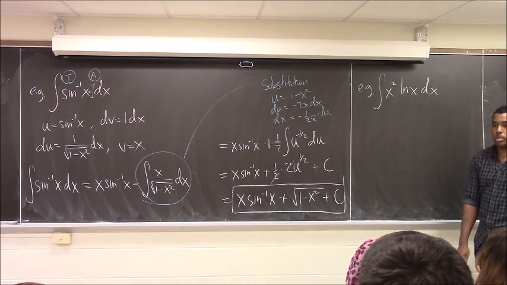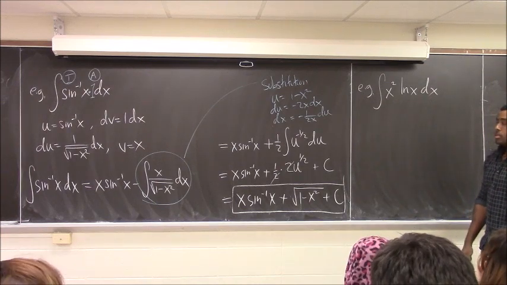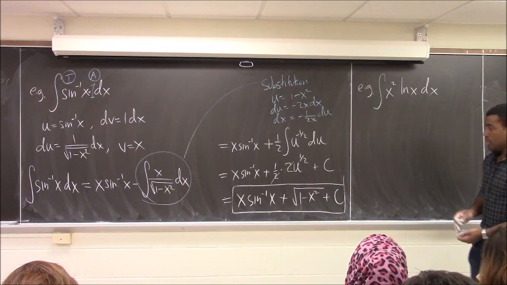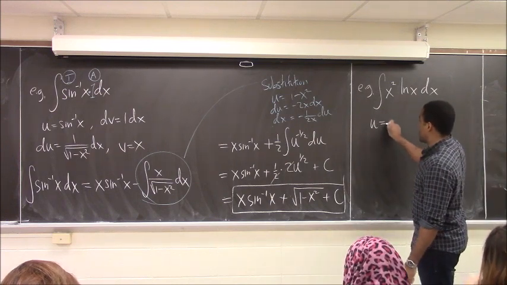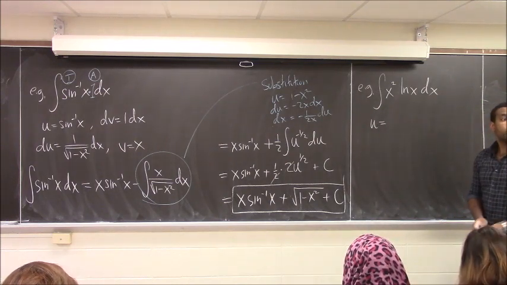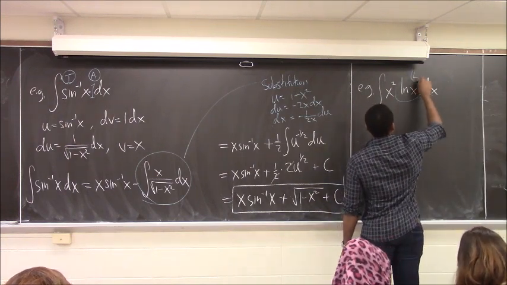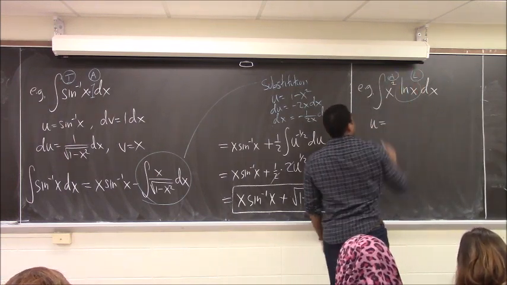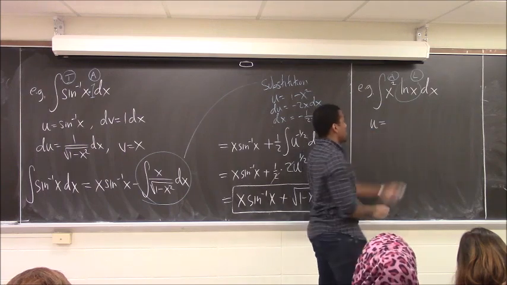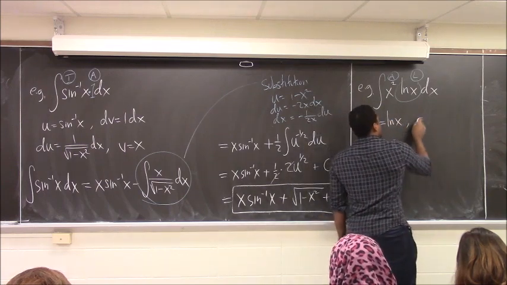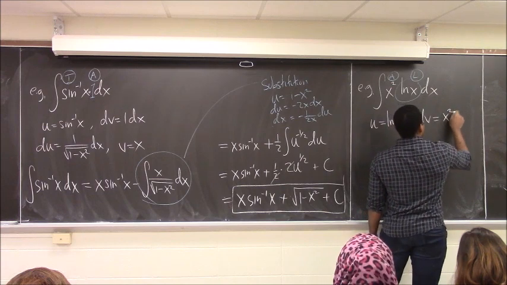What would your choices be? Who would be the u here? The ln. Right. So this is the L, this is an A. LIATE starts with the L. This guy gets to be first. So the dv ends up being the x squared.